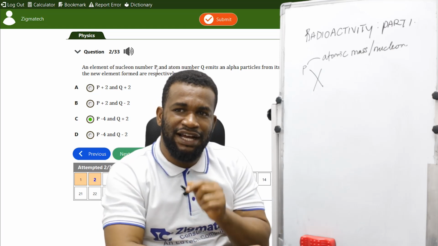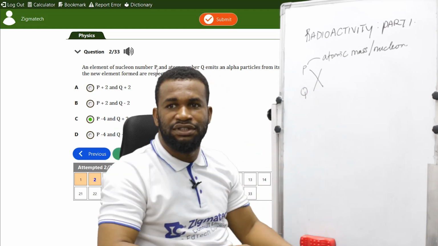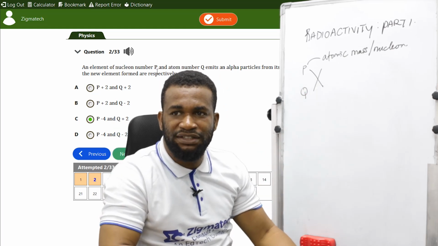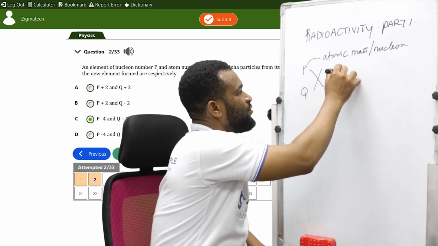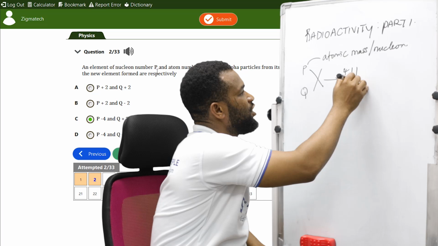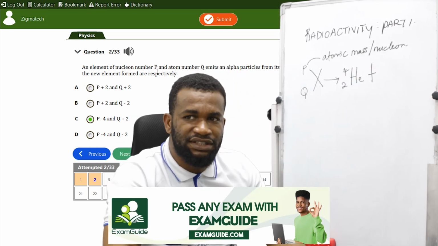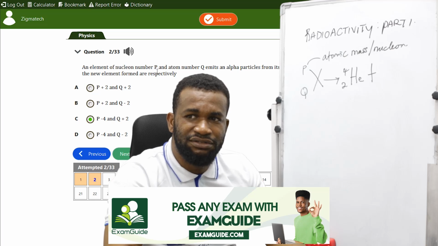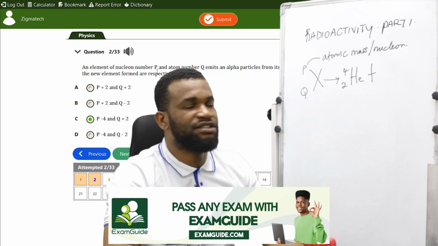And atomic number, all right, atomic number is here, Q. It says what? Emits an alpha particle from its nucleus. Okay, it gives us an alpha particle. This is 4, 2, helium, then plus. From its nucleus, the resultant number of the new element formed are respectively.